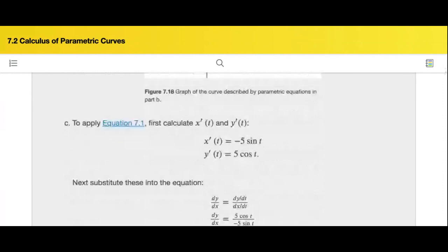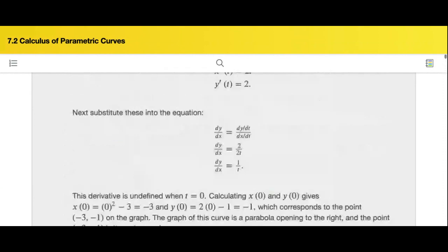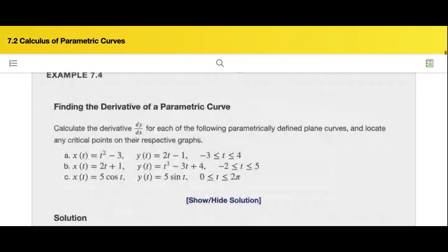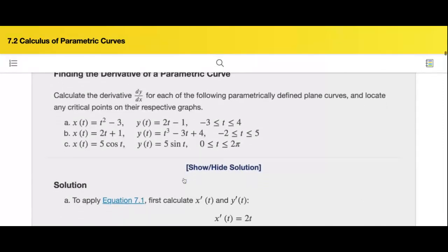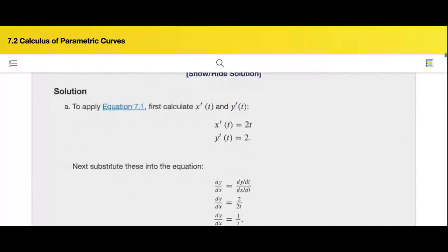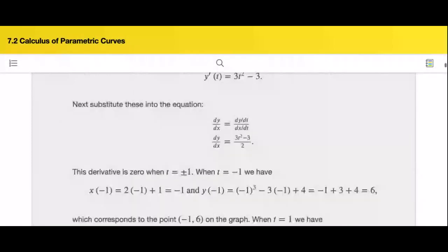So C, let's see this one. C will have x of t equals 5 cosine t, y of t equals 5 sine t, and t goes from 0 to 2 pi. Bingo. That's a circle centered at the origin with a radius of 5.